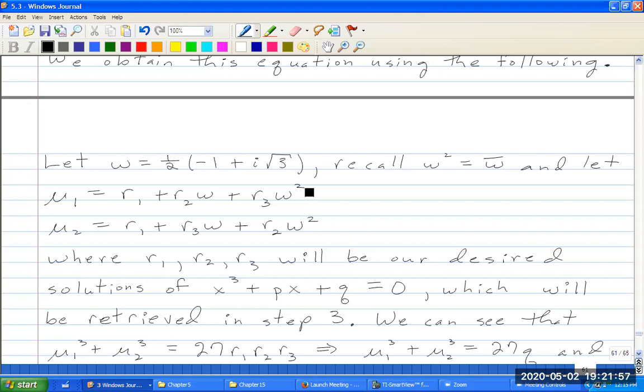Let mu2 equal R1 plus R3 omega plus R2 omega squared, where R1, R2, and R3 will be our desired solutions of x cubed plus px plus q equaling 0. And these desired solutions will be retrieved from step 3.